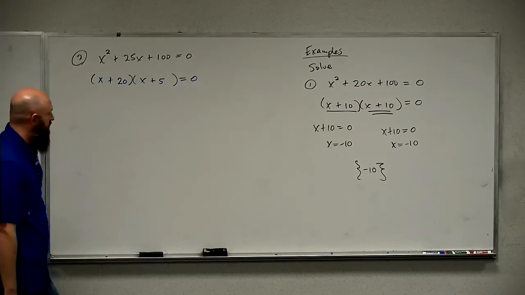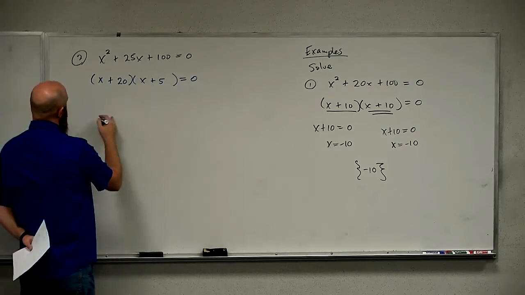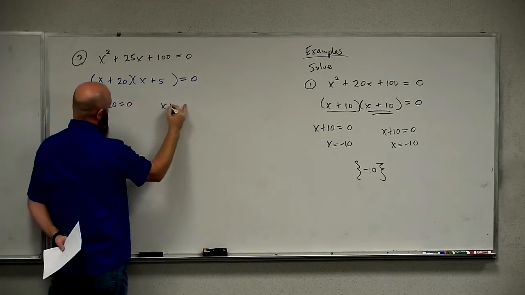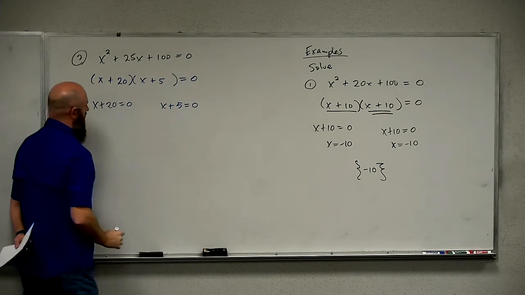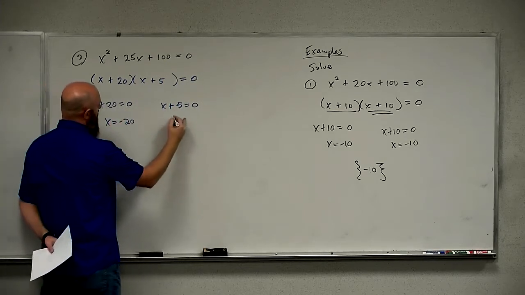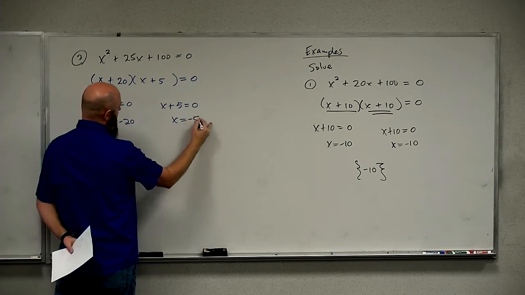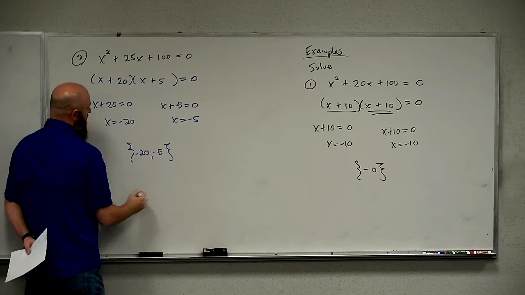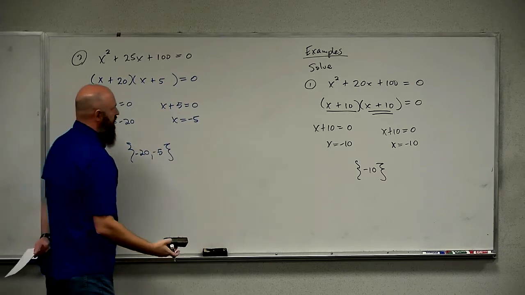So that means x plus 20 equals 0 and x plus 5 equals 0. We move this over, so x equals negative 20 and x equals negative 5. So we get negative 20 and negative 5 as our solution set.